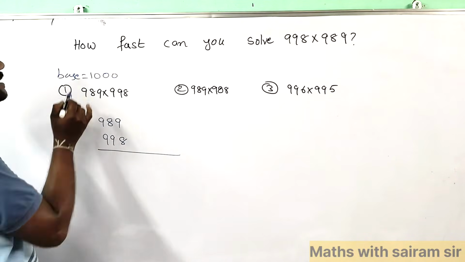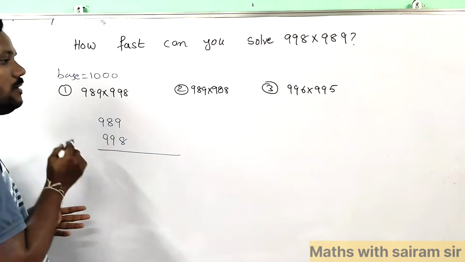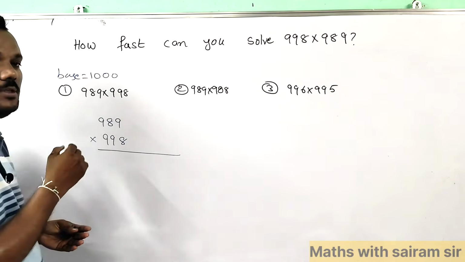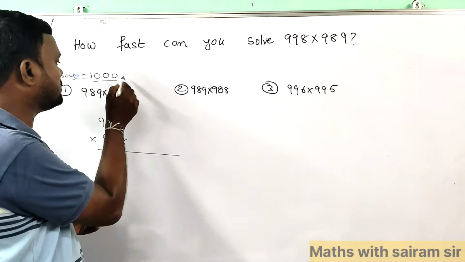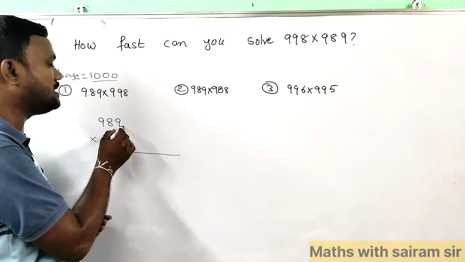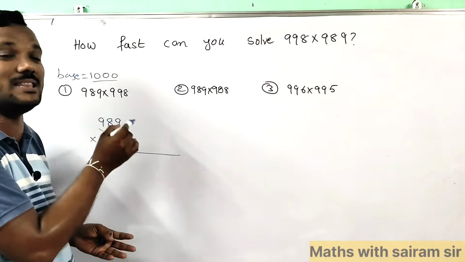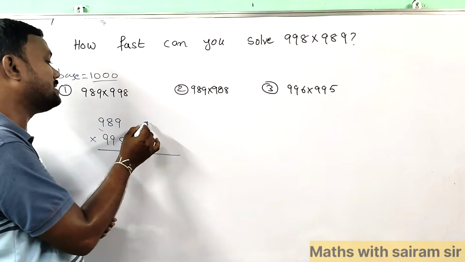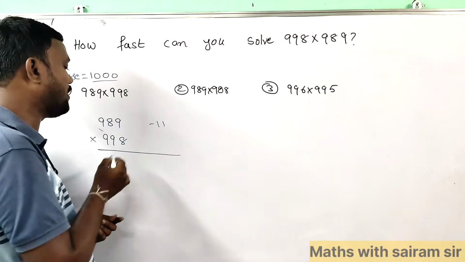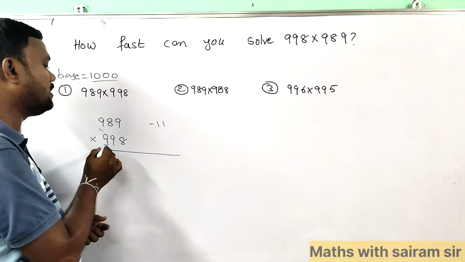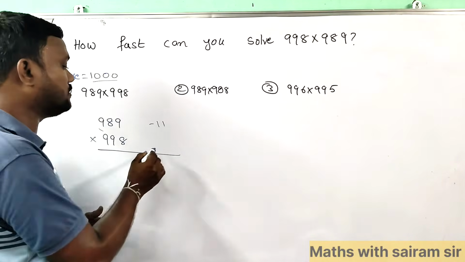If base is 1,000, to find the product of these two numbers which are nearest to the thousand, see how much 989 is less than the 1,000. This one is 11 less than the 1,000, and this is 2 less than the 1,000.